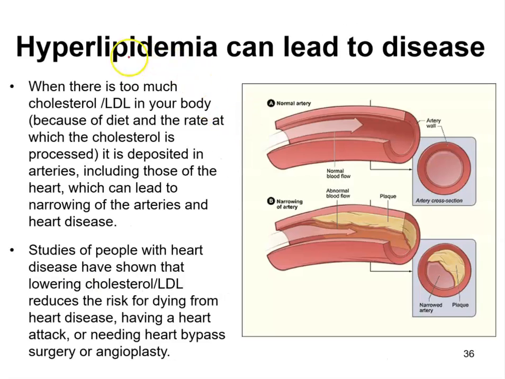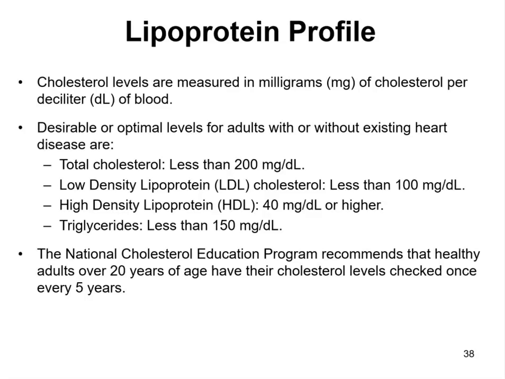When we have too much lipid, hyperlipidemia can cause disease. Again, we have inflammation, and plaques can build up and close up the arteries, which can lead to heart attacks and heart disease. These are just general examples. If you ever have your cholesterol checked, for total cholesterol you generally want less than 200 milligrams per deciliter, LDL less than 100, and HDL you actually want to be higher because that's the good type of cholesterol.